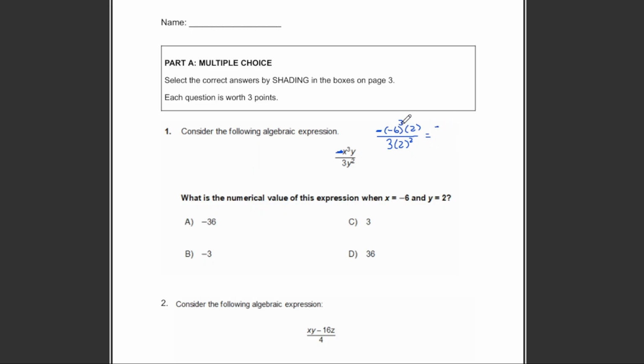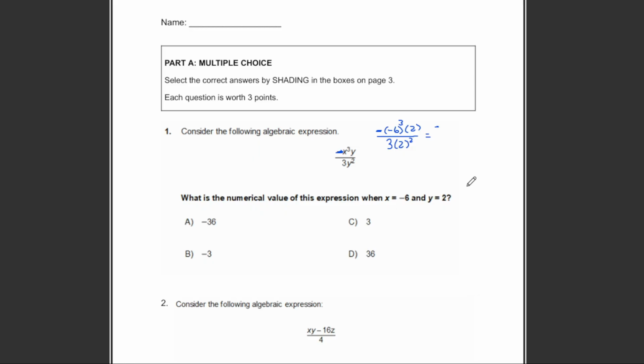Now, let's do -6 to the exponent 3. Be very careful. The exponent doesn't mean that we're multiplying the -6 by 3. It's not -18. It's -6 times -6 times -6. That's what an exponent is. It just means repeated multiplication by itself. So don't just multiply the -6 by 3.